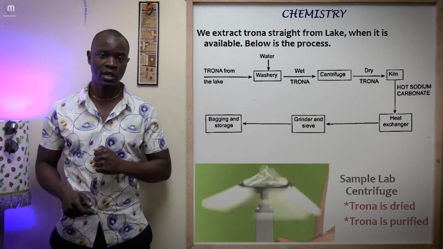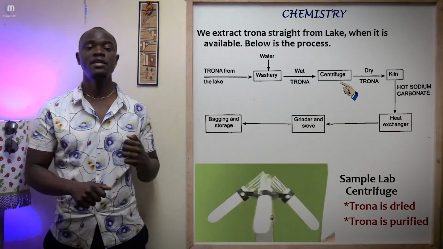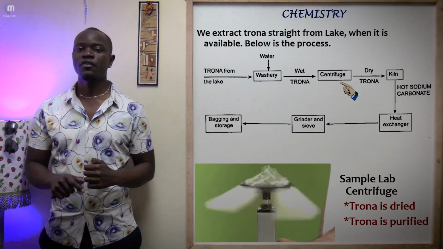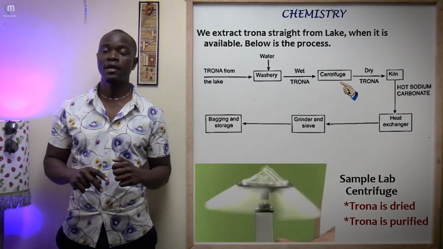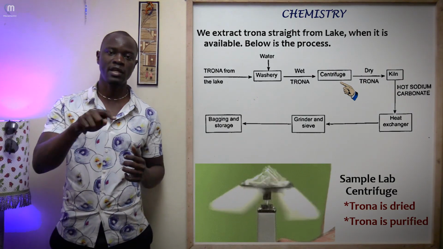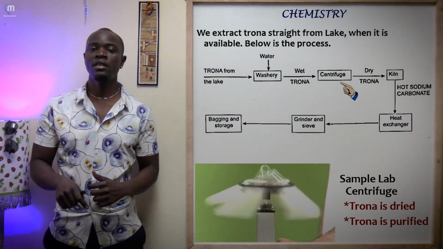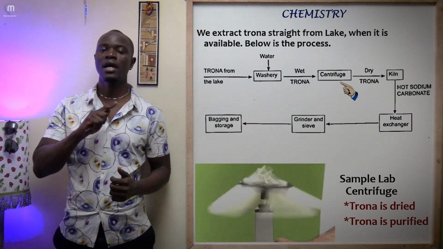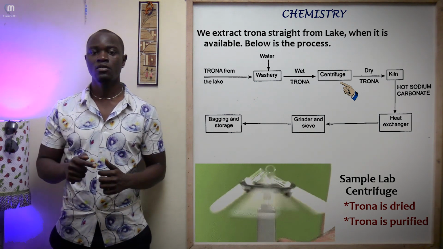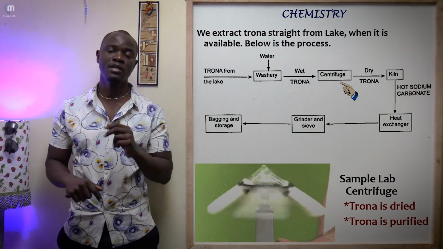After the Trona is clean, it is taken to the next chamber, which is called the centrifuge. For the centrifuge, picture a very big machine inside which Trona is placed. Picture this machine spinning very fast. As this machine spins the Trona inside very fast, two things happen.